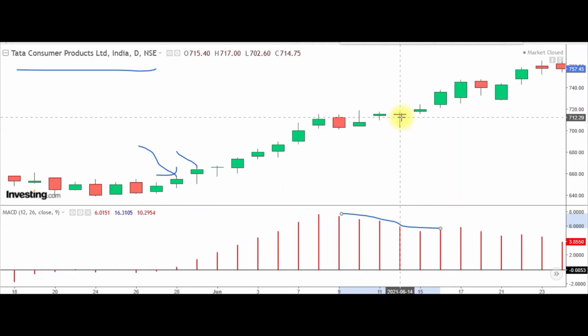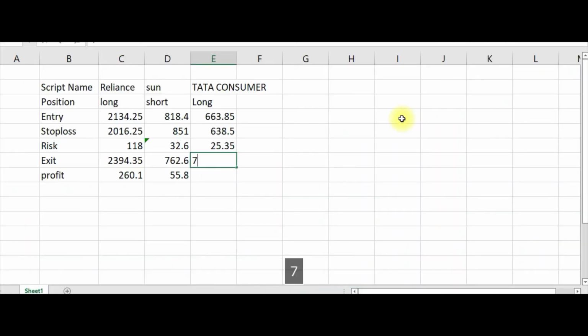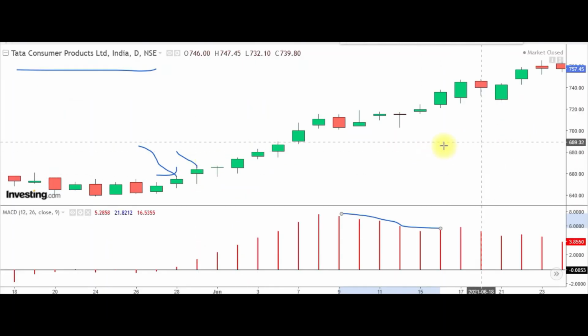We exited at this candle, the closing price 714.75. So here our profit would have been exit minus entry, that's 50 rupees. So here you can see it was almost a 1:2 ratio by using the MACD histogram.